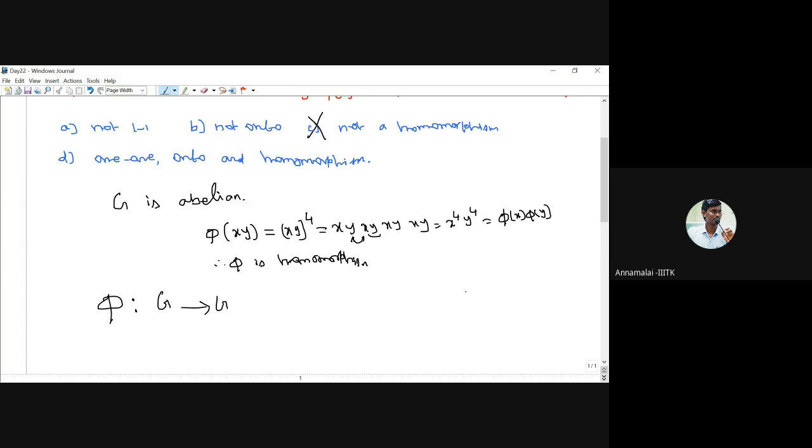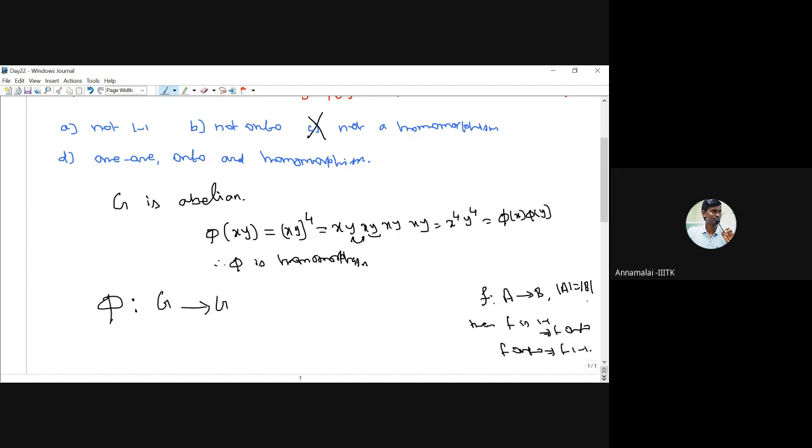So provided it should be a finite set and then the cardinality should be the same. Need not be the same set. So in general, suppose f is a function from some set A to B under the condition that the cardinality of A equal to cardinality of B, then if f is 1 to 1, it implies f is onto, or if f is onto, then automatically f is 1 to 1.